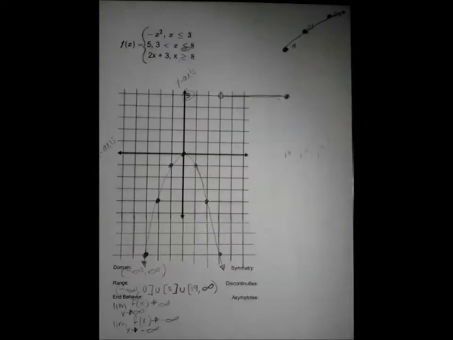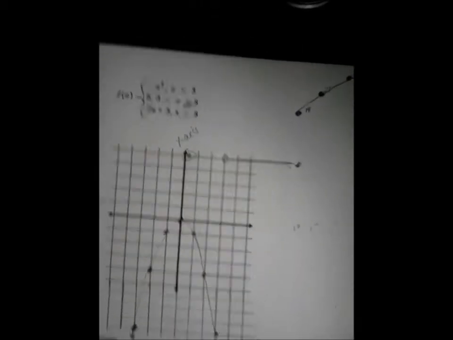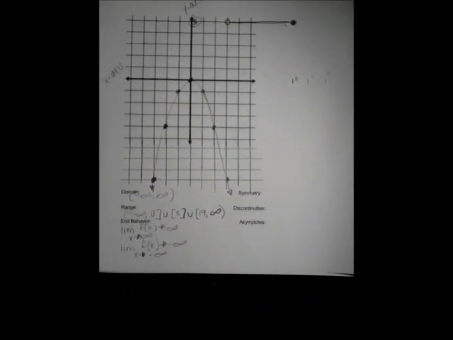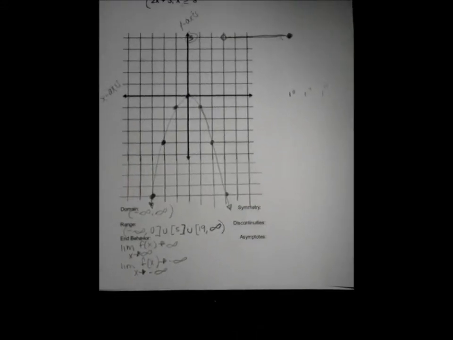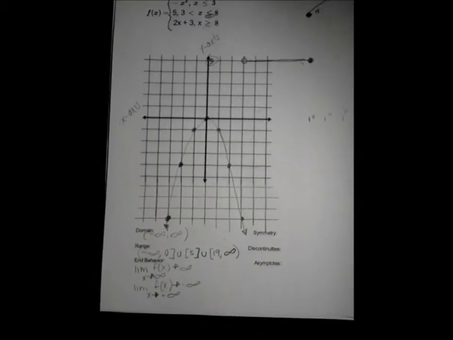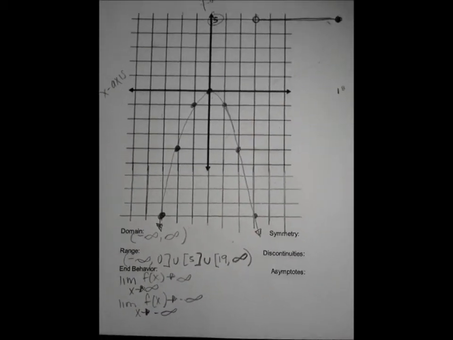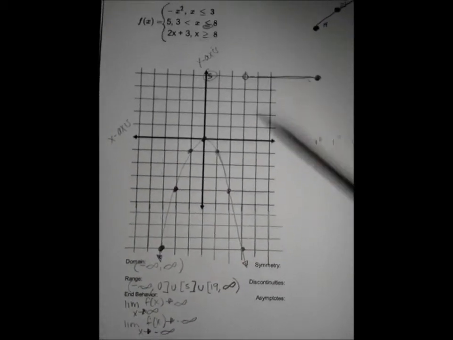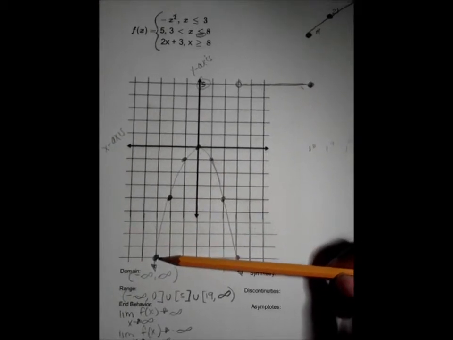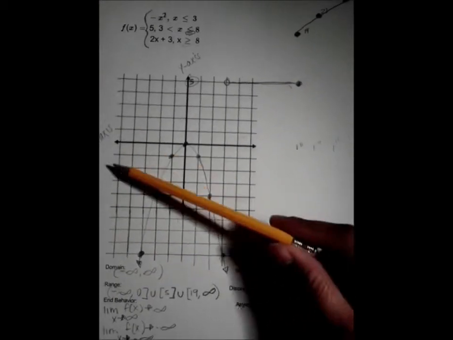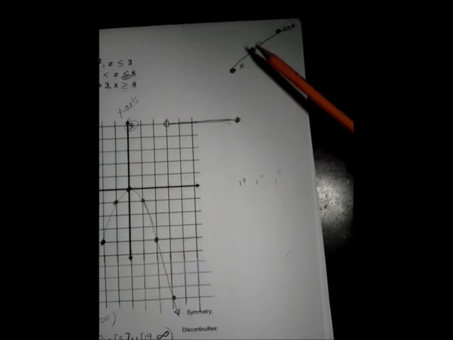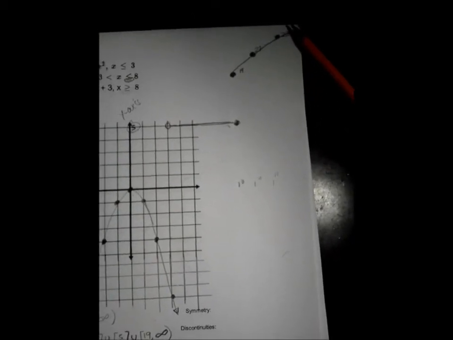And that's it. Everything. You go down here and you see domain, range, end behavior, symmetry, discontinuities, and asymptotes. The domain in this case is going from negative infinity to infinity because on the x-axis it goes from down here at negative infinity on the negative side to positive infinity over here on the positive side of the x-axis.